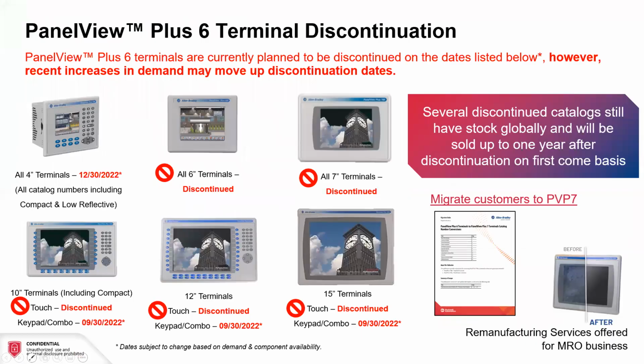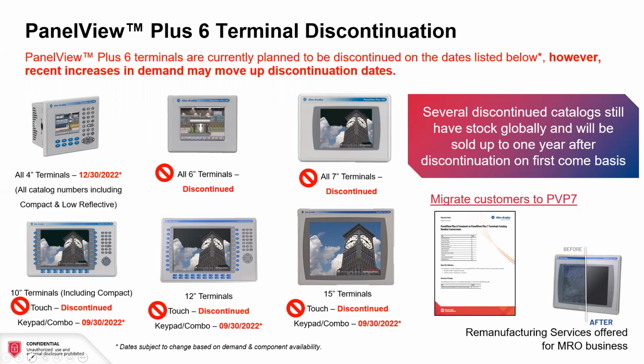So on to a little bit of the update part. The PanelView Plus 6 discontinuation, a lot of red on this slide. At the end of last year, a large chunk of the PanelView Plus 6 terminals had been officially discontinued. And there'll be some that will survive until a little bit later this year, several to September, and then a few make it to the end of December.